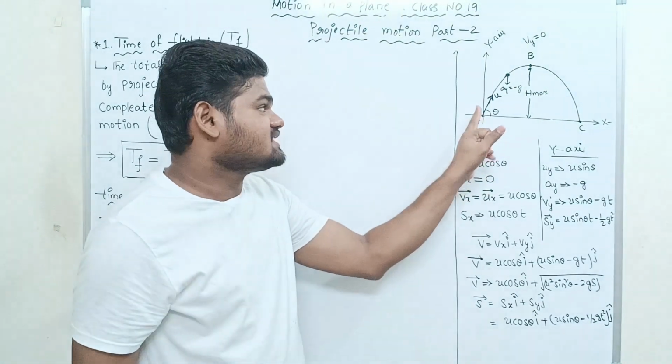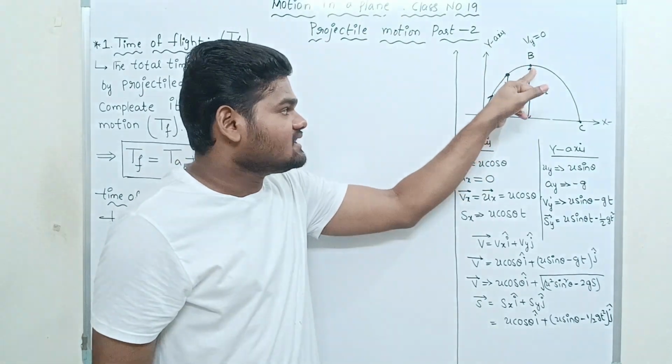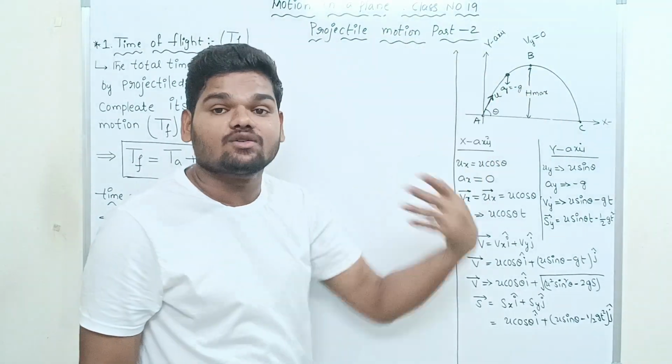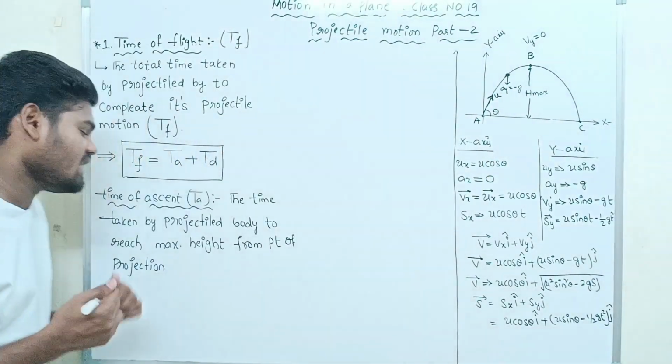So have a look. Here capital A is the point of projection. From the point of projection, how much time is taken by this projectile body to reach point B? That means A to B is called what? Time of ascent. Okay, are you getting?